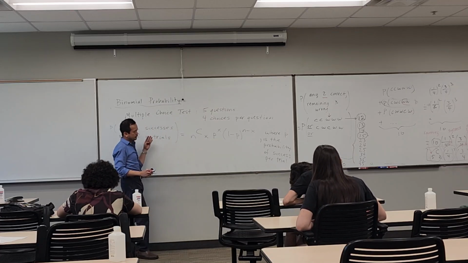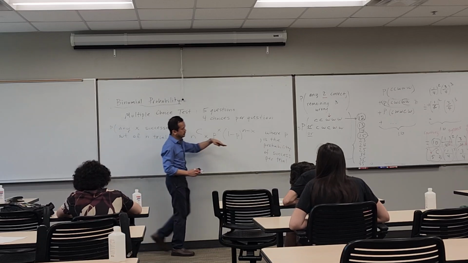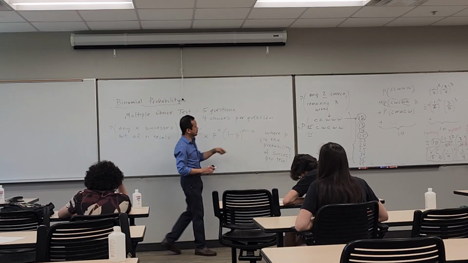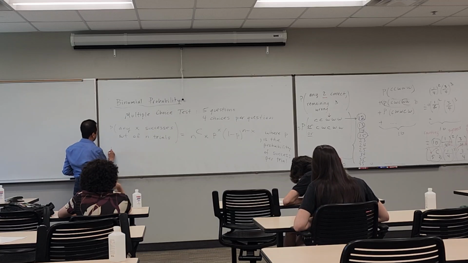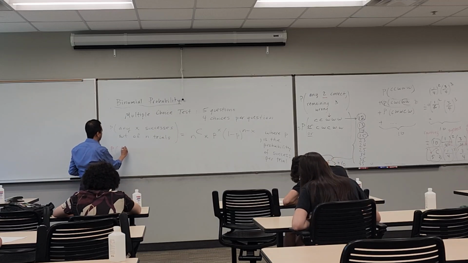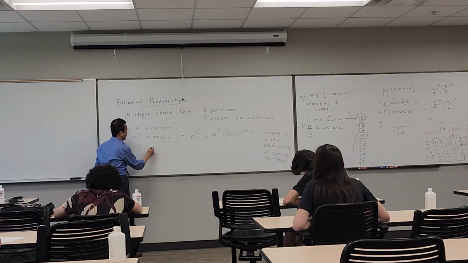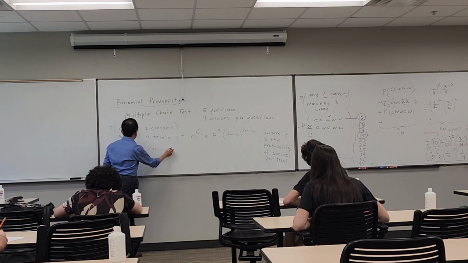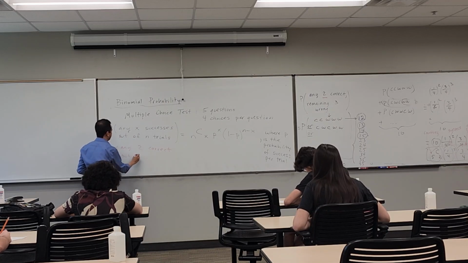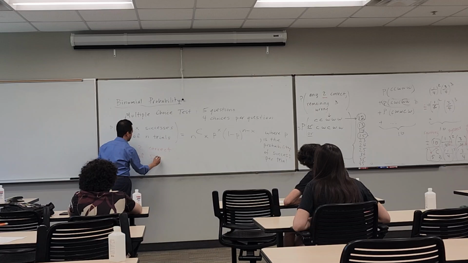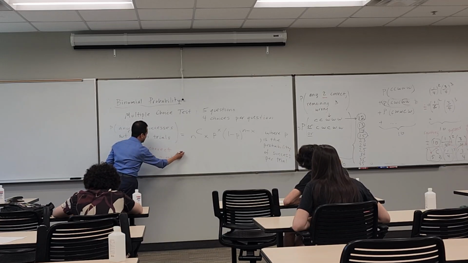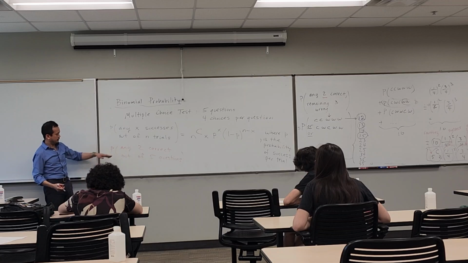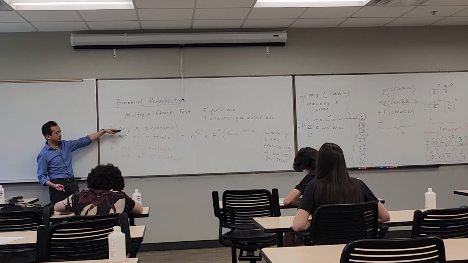So let's apply this formula to the situation that we just did. In the situation we just did, we were trying to find the probability of getting any two correct out of 5 questions. You see that in this example, the structure is very similar to this general structure.